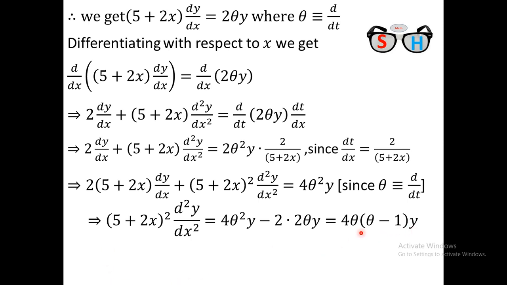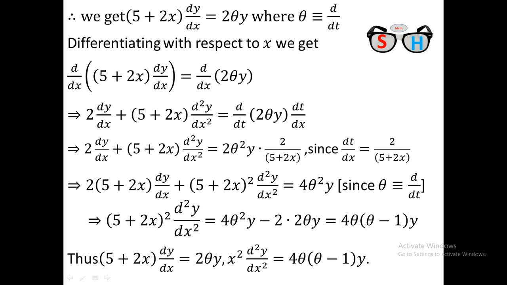So we get two results. One is 5 plus 2x dy dx equal to 2 theta y, and another is 5 plus 2x whole square d2y dx2 equal to 4 theta into theta minus 1 y. Thus I finally write down these two results. Now we use these results in the given differential equation.